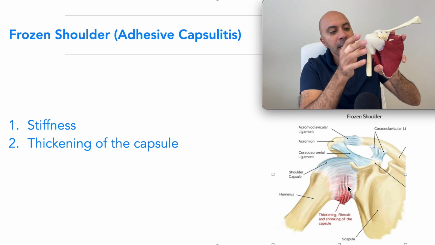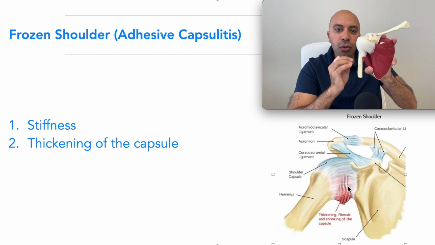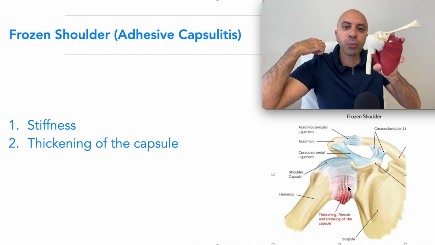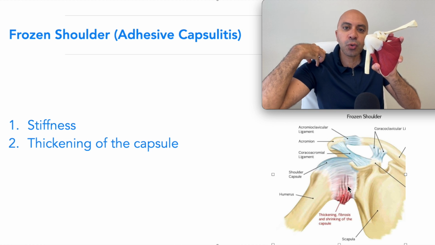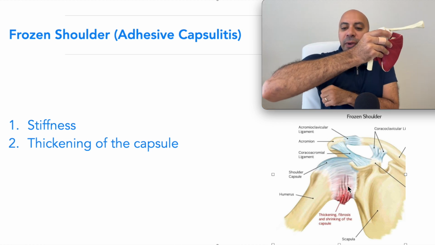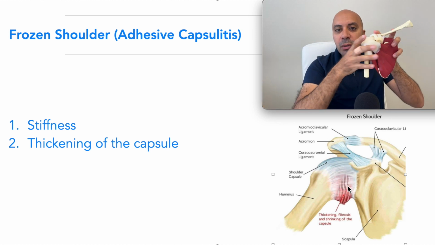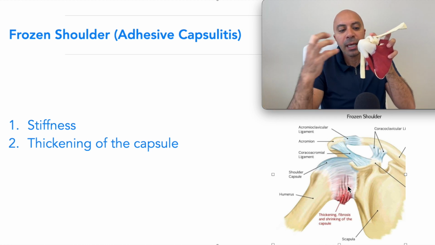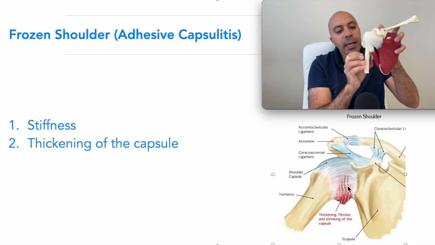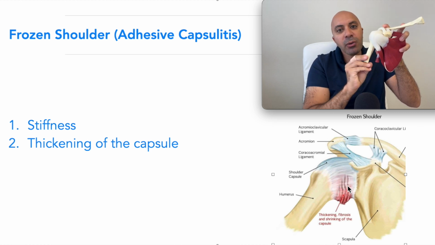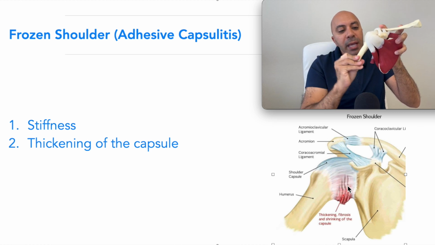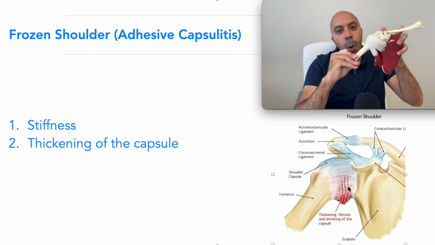To simplify it, frozen shoulder is like wearing a t-shirt that is 2 to 3 sizes too small. It prevents the movement of the shoulder because that t-shirt is holding all the bones together without allowing movement in the humerus bone.